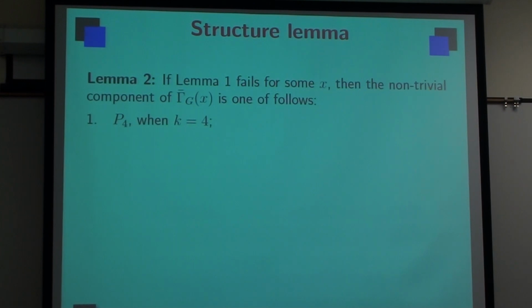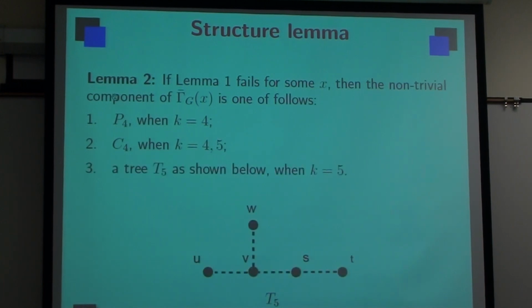We get a very nice characterization of what will happen. If you look at the neighborhood graph, you first take a neighborhood, then you take an induced graph, then you take a complement. And this graph must be either a K4, a path of length 4, and this is for degree 4, or it's a C4. It could be degree 4 and 5, or a tree like this.